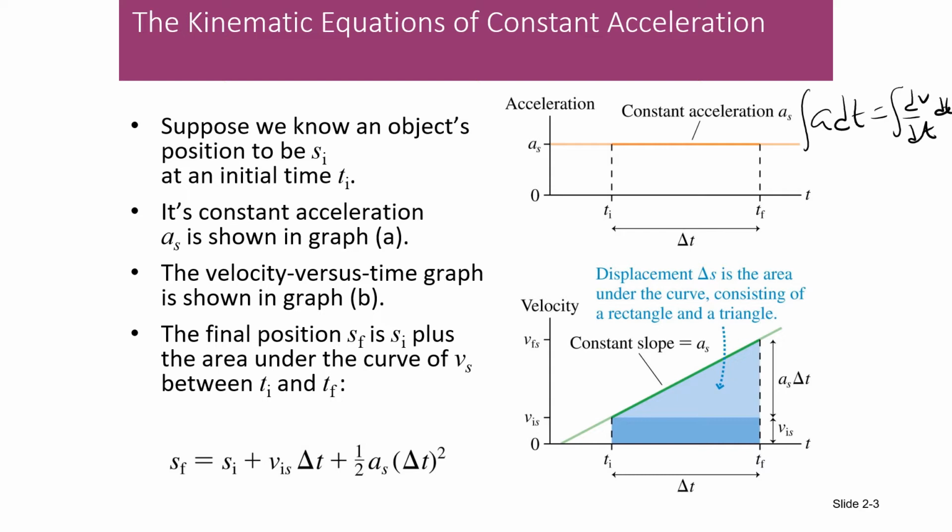But your velocity is dependent on the position. So you have dv dt, but that v is just your dx dt or dr dt or ds dt, depending on what symbol you want to use.